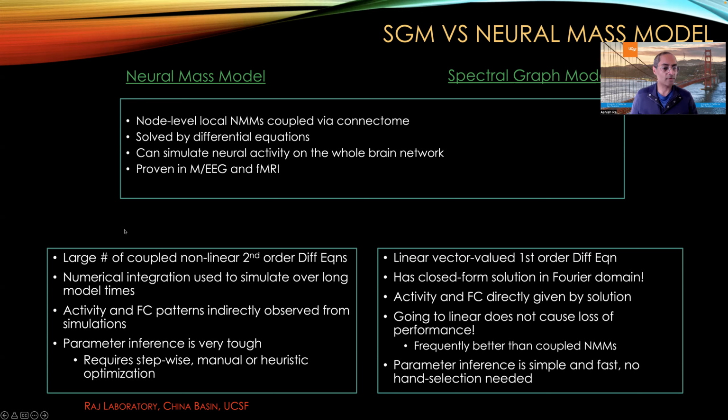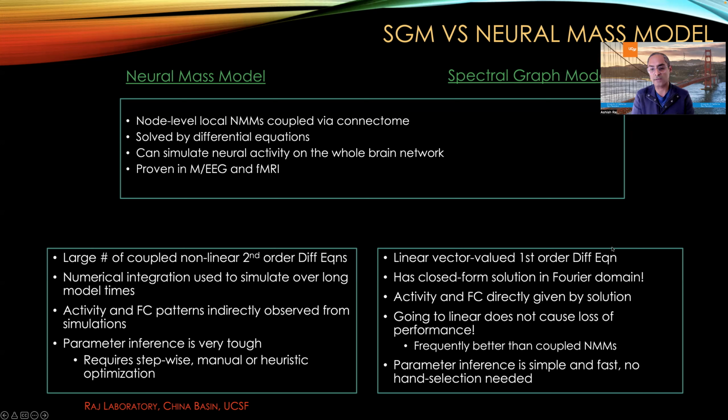As a result, parameter inference is very tough, requires stepwise, manual, or heuristic optimization. Compare that to a linearized spectral graph model. It's a first-order differential equation, linear, has a closed form solution in Fourier domain, which is very rare in the field of computational modeling in neuroscience. In this case, the activity and FC are directly given by the solution.